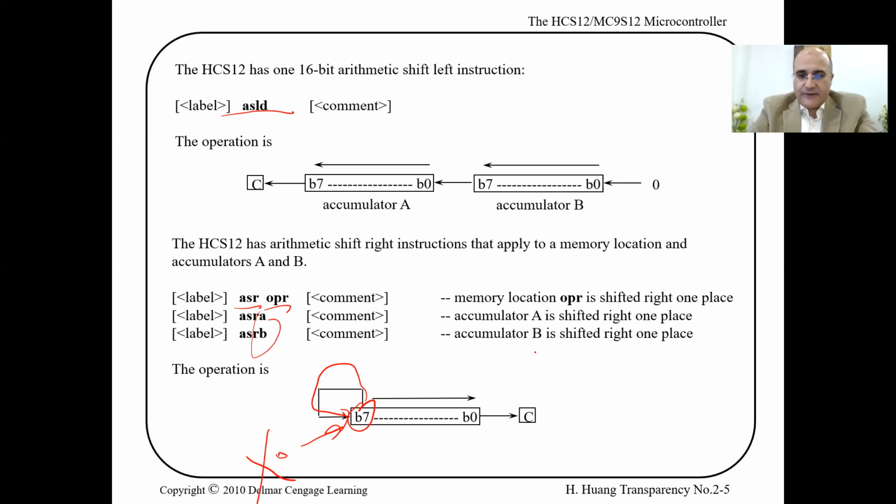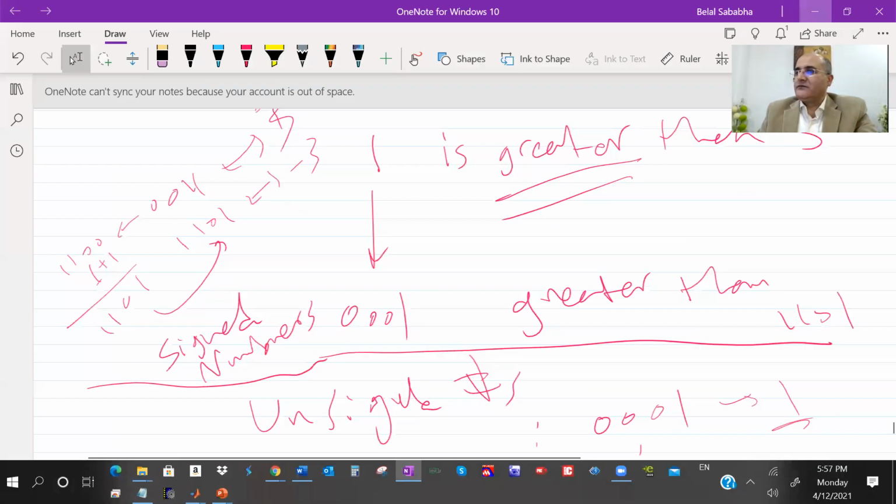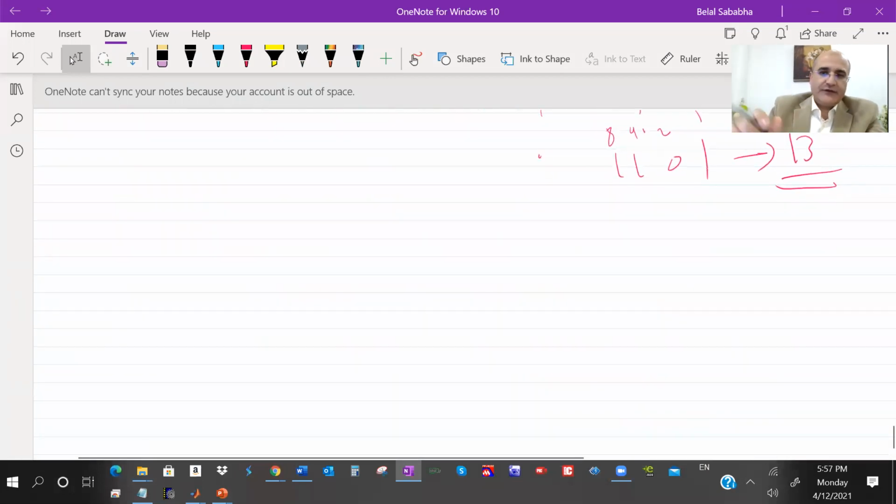if we have this number 0, 0, 0, 1, 0, 0, 1, 1, what is this? 0x is like $, the same thing, okay? 13. If you arithmetic shift right, let me have more space here.